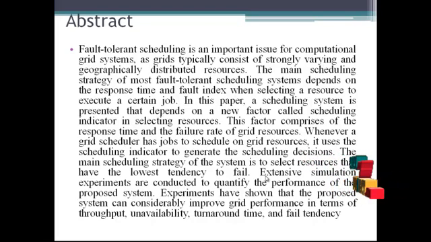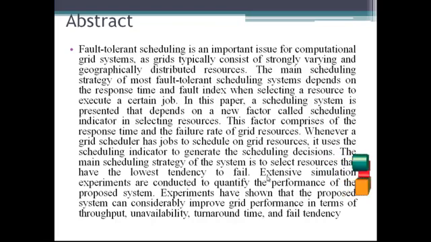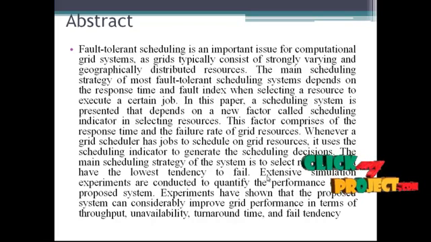In this paper, a scheduling system is presented that depends on a new factor called the scheduling indicator in selecting resources. This factor comprises the response time and failure rate of grid resources. Whenever a grid scheduler has jobs to schedule on grid resources, it uses the scheduling indicator to generate the scheduling decisions.